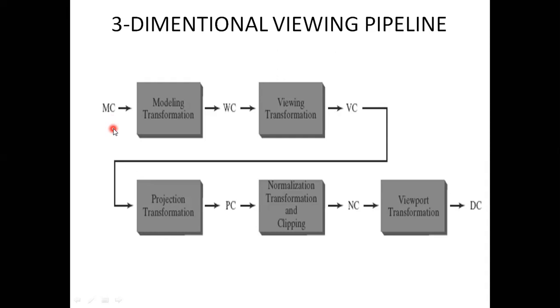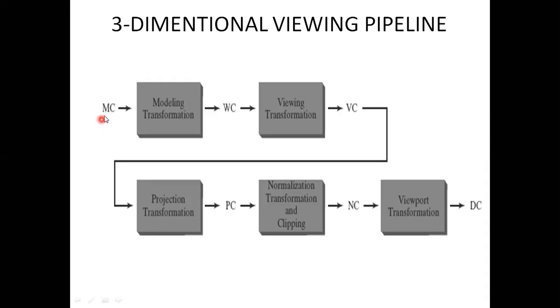You can see that all the people will not be of the same height, or of the same dimension. That is modeling coordinates. Each and every person will be of different height, of different posture. That means each and every object has its own individuality.